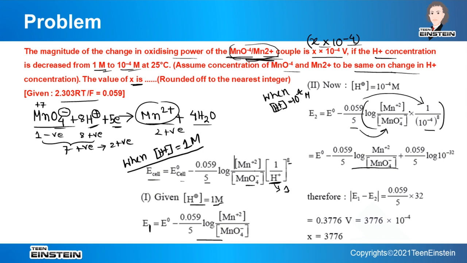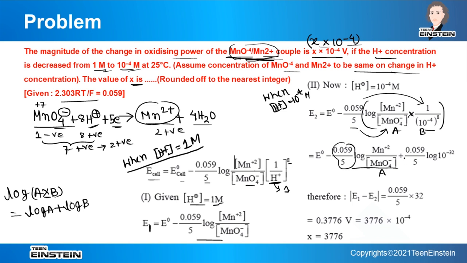So when there is a multiplication sign, suppose you have log A into B, then you can write it as log A plus log B. And if this is A by B, then it will be log A minus log B. So this is A and this is B. First it is written log A multiplied by this common quantity and then plus.